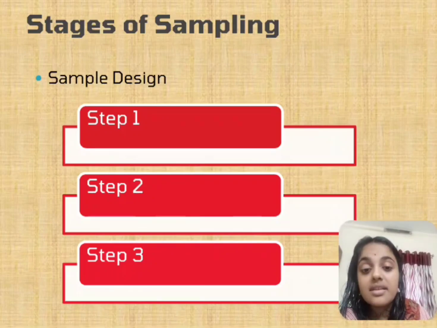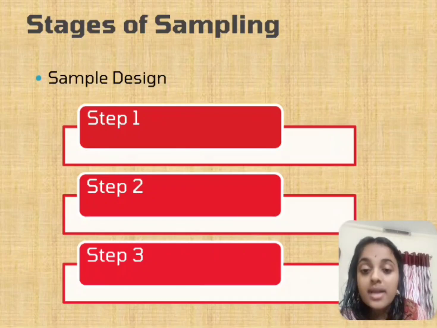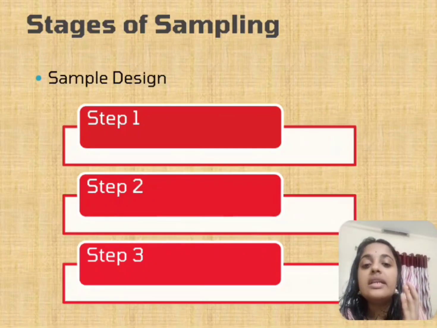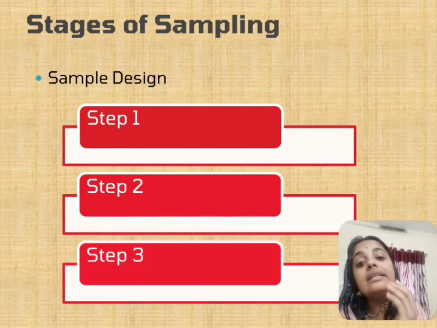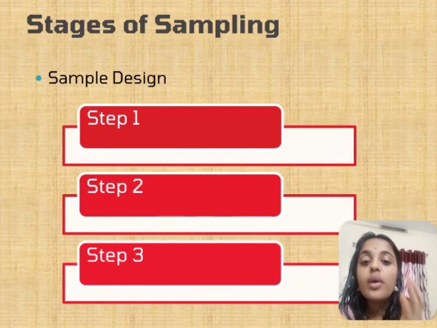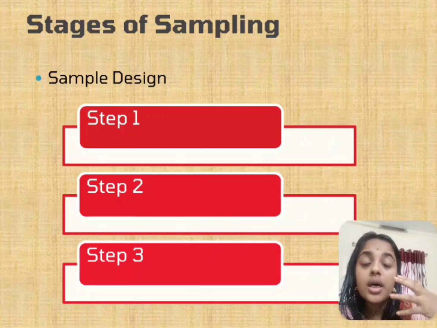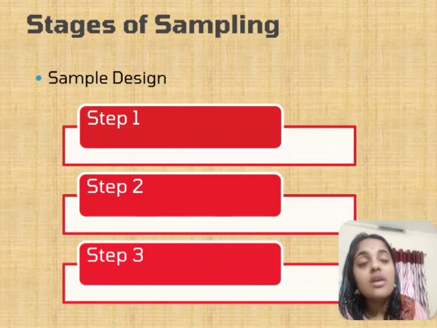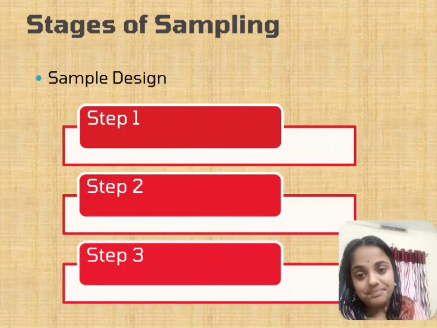In a sample design, as I have given, there is step 1, step 2, step 3, and so on. That is what is called sample design. Selecting the appropriate sample design helps to ensure the authenticity, efficiency and effectiveness of a research. So, sample design is also a very crucial step.